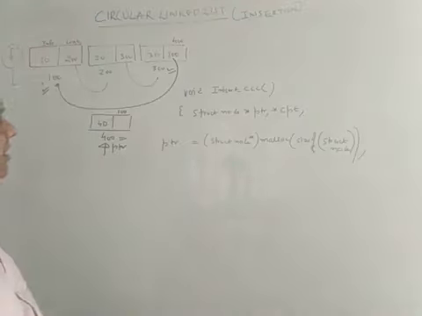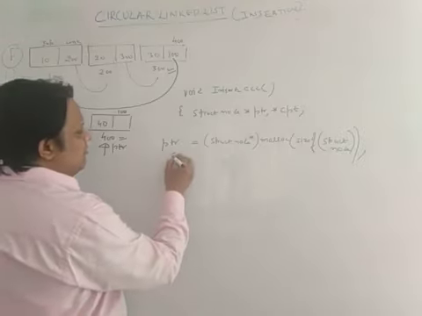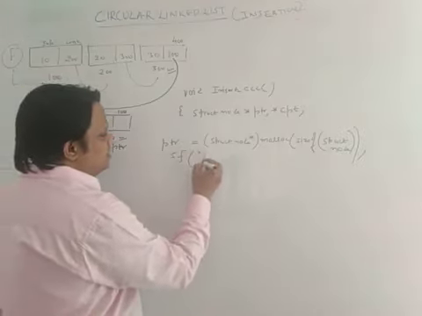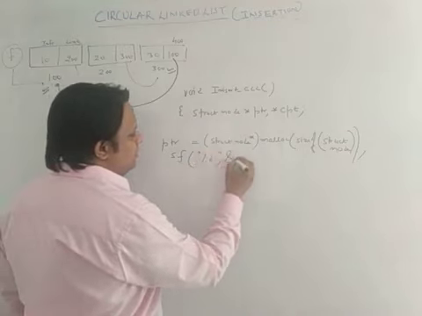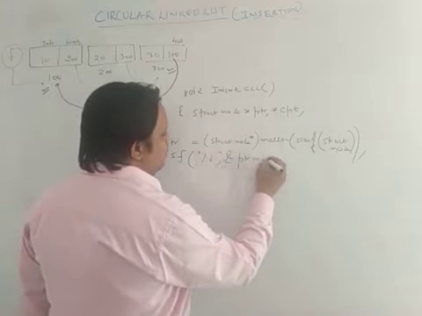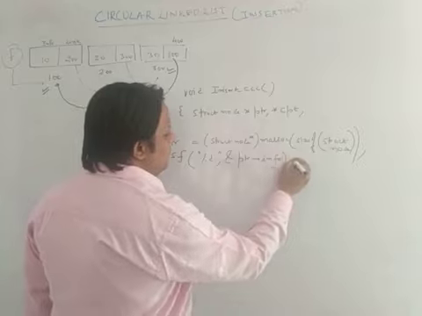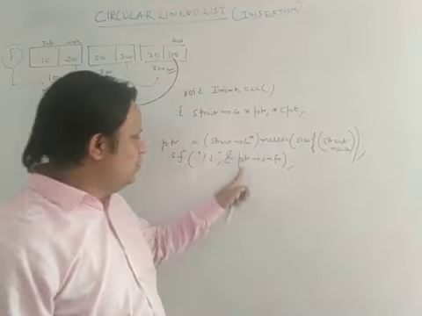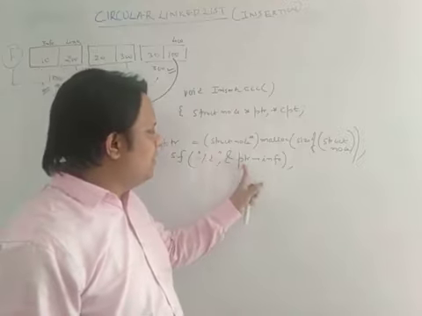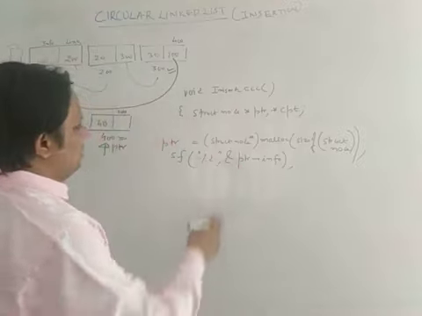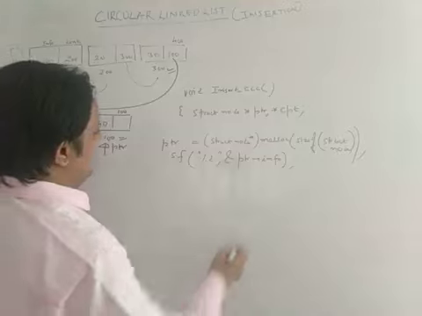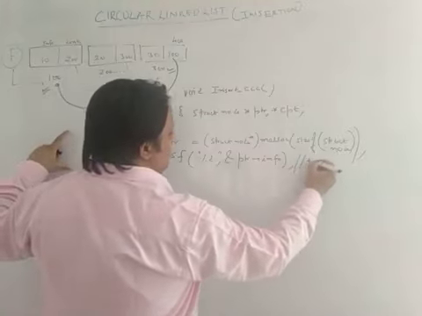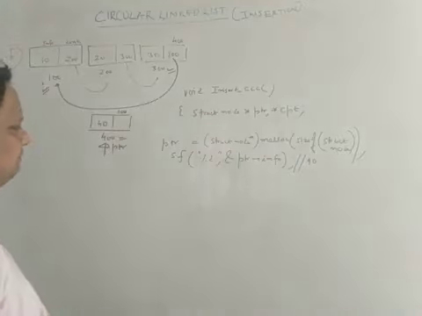Now your PTR is pointing at 400. Now you want to insert the info part, so you can write scanf %d comma address of PTR arrow info. As you already know, info is a member; you cannot access the members of structures directly, they can only be accessed by using the pointer variable or the structure variable. So PTR arrow info, I will input that as 40 here, so this value becomes 40.